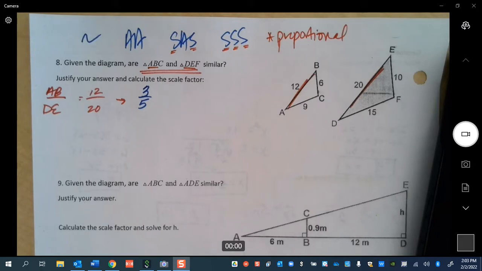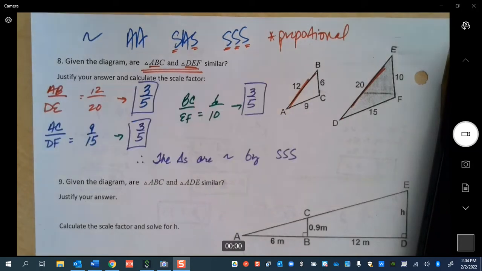With your group mates, please discuss the other two sides and confirm that they also, or do not, have a relationship of 3 to 5. Go. All right, do we agree? When I look at small to big, small to big, small to big, I get the same thing each time. Over here we had a conversation about, well, what if I ended up with 5/3?